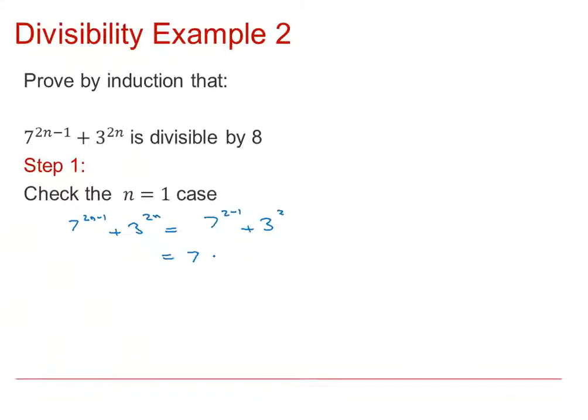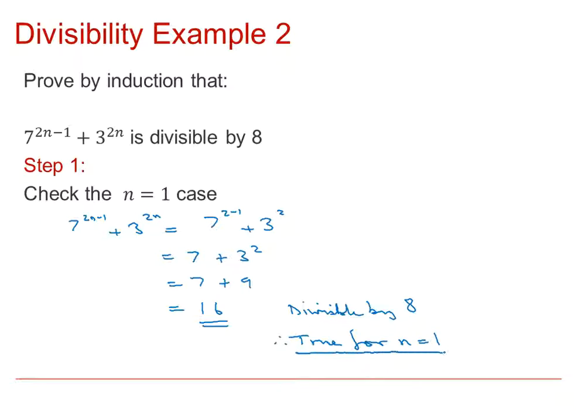So we're looking at 7 to the power 1 plus 3 squared, 7 plus 9, which is 16, and that is divisible by 8. So this is divisible by 8, and therefore the statement is true for n equals 1. So that's the first step in place.